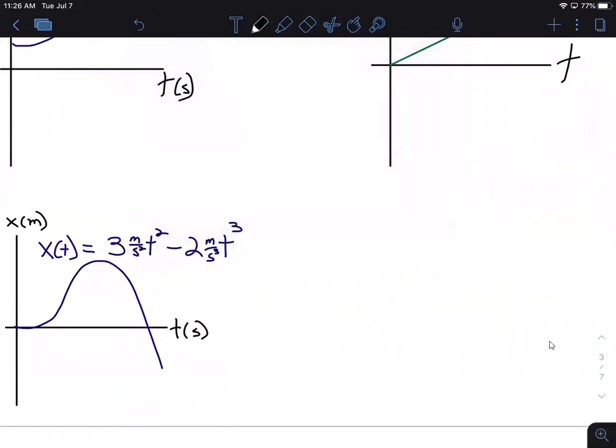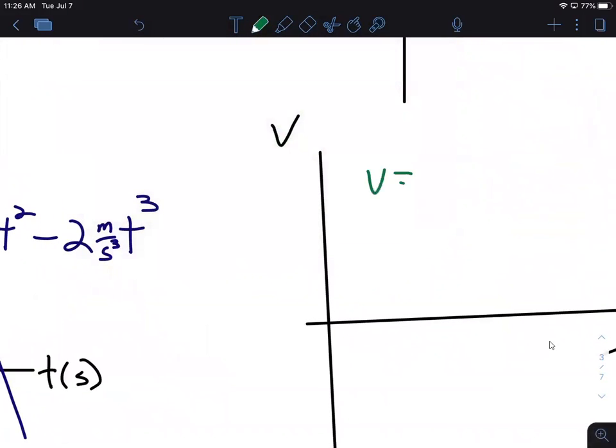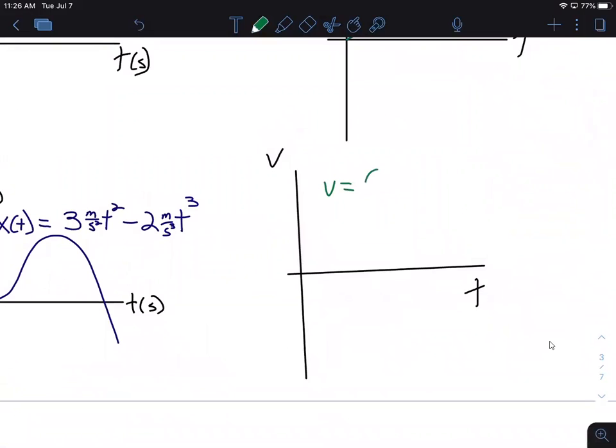Final graph here. Let's do this derivative. I got squared up here for my n. So 3 times 2 is 6, and then meters per second squared. 2 minus 1 is just 1, so t to the 1 minus.